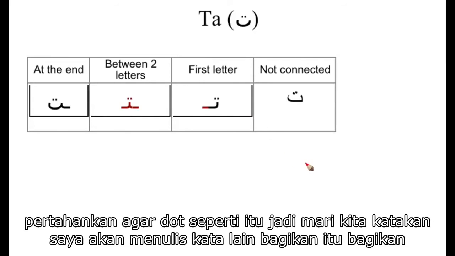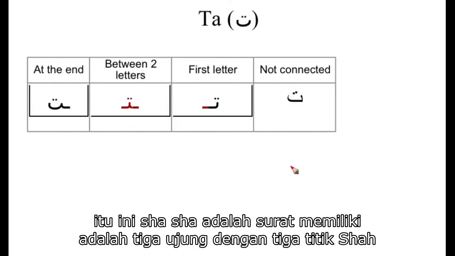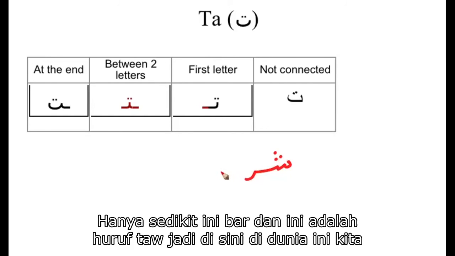So let us say I will write another word, sharibt. Sharibt. This is sha. Sha is a letter that has three edges with three dots. Sha. Ra. Bit. This is the letter ba, and this is the letter ta.